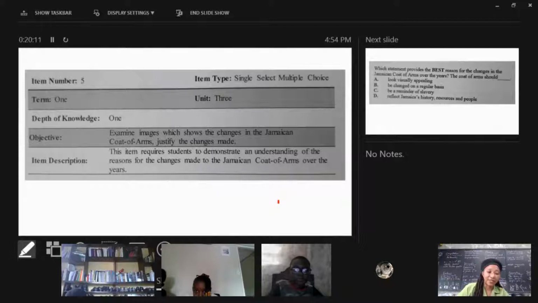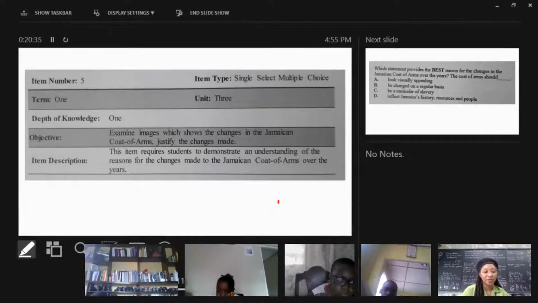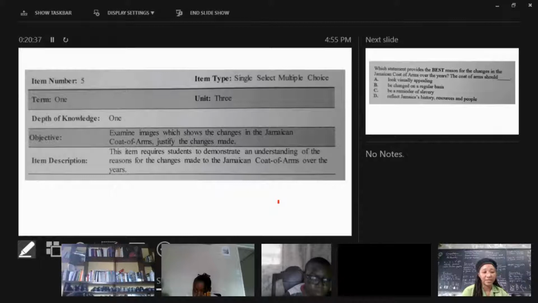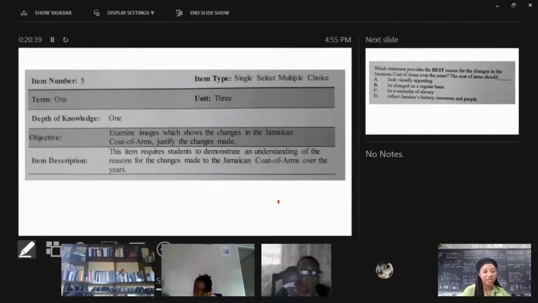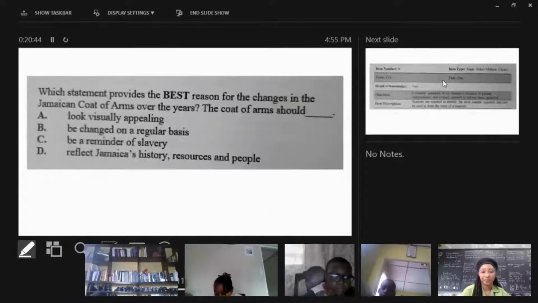This item requires students to demonstrate an understanding of the reasons for the changes made to the Jamaican coat of arms over the years.